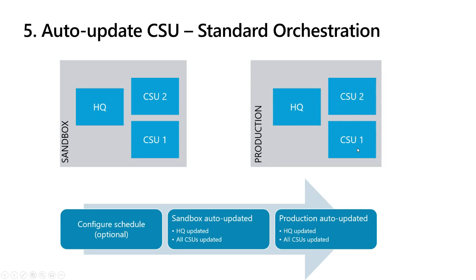In production, all CSUs will be updated. And of course, as before, you do have the option to configure the schedule for auto update if you want to pick a specific time period from the available time slots and available time zones. You can pick that, or you can just leave it to default and we'll pick a specific time period for you.